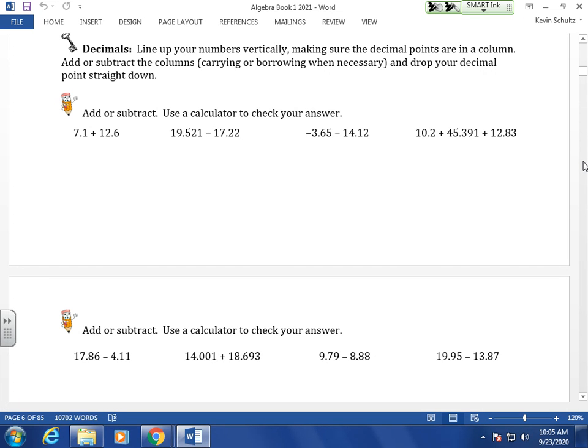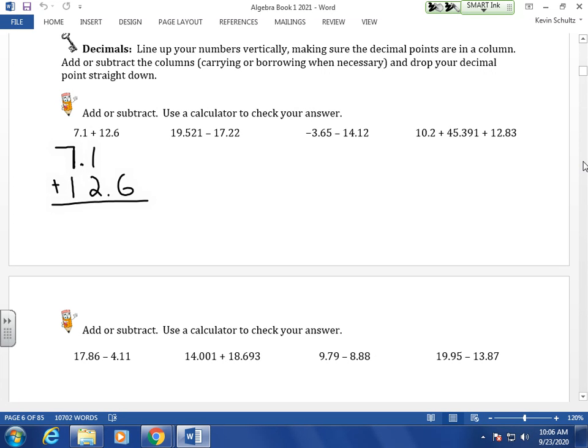The thing that you probably did wrong, like I did when I was first learning how to add and subtract decimals so many years ago. Yeah, Caleb. Line up that place value. 7.1 plus 12.6 is not going to work if you write 7.1 and then 12.6 misaligned, because you'd be adding what's in the tenths place, that 1, to what's in the ones place, the 2.